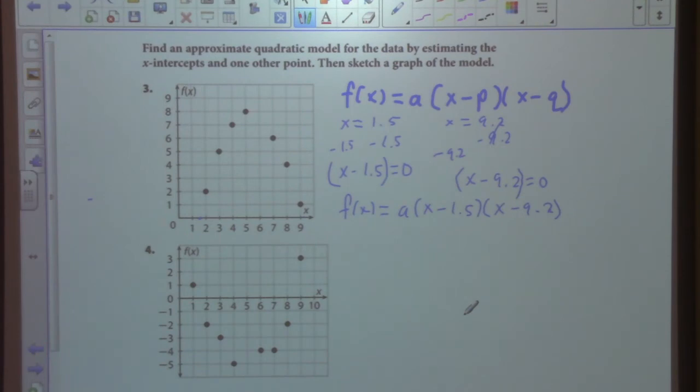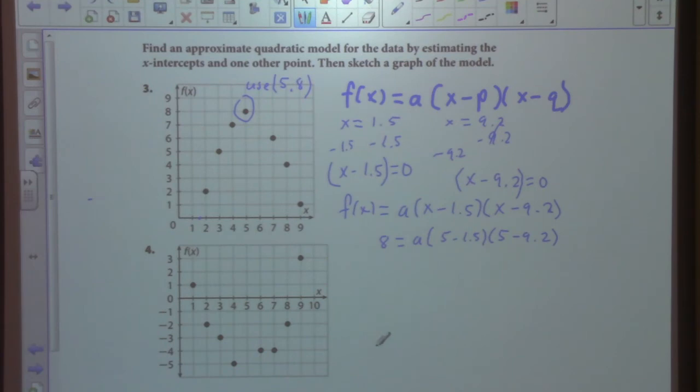Yeah, 5/8, that's what the other classes have used, and again, it has the benefit of knowing that it's going to go through here. So if we use 5/8, that's going to be 8 equals a times 5 minus 1.5 and 5 minus 9.2.